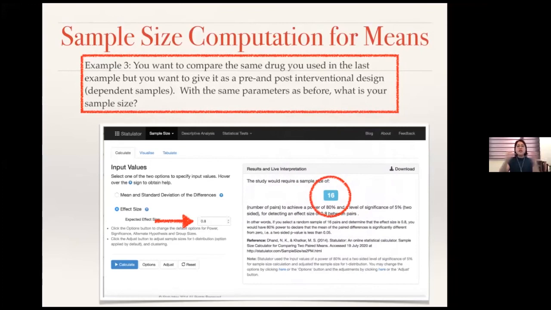Yung dahil the means are very far apart already, the effect you can really see that there is a difference, then you only need a small size. Compared na, pag magkakapareho sila, almost the same, you need a bigger sample size to establish that there really is a difference, no? So this is sample size computation for means.